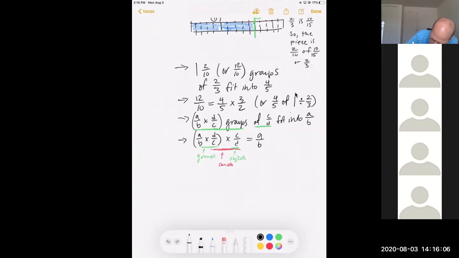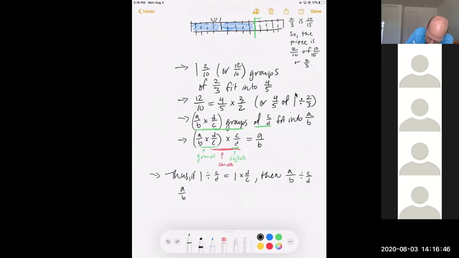Okay, so the takeaway from this one is, if you have 1 divided by C over D, and make that equal to 1 times D over C, then A over B divided by C over D is going to be A over B times the 1 times D over C. Hold on.